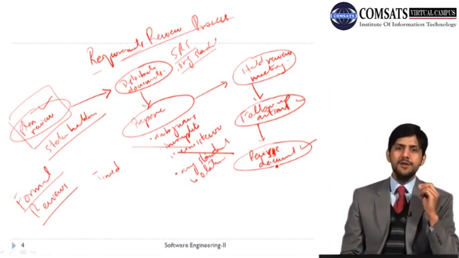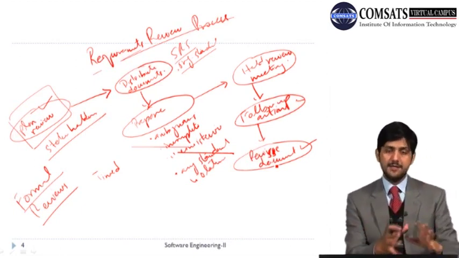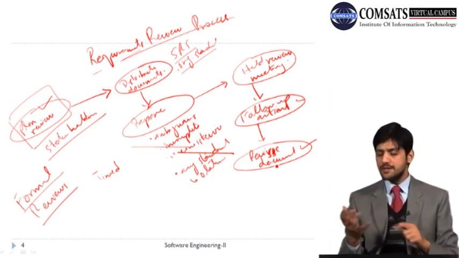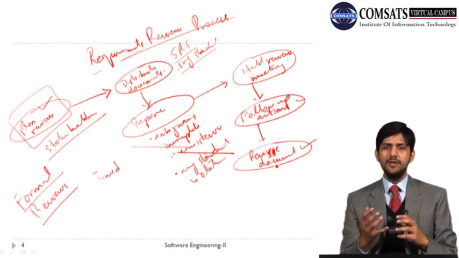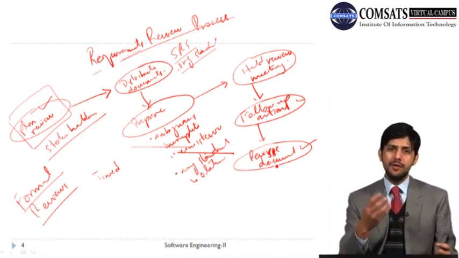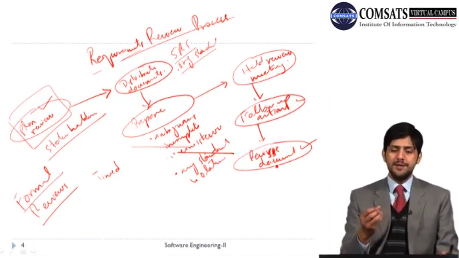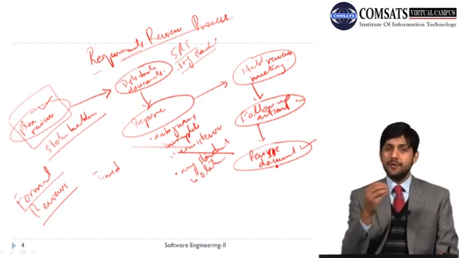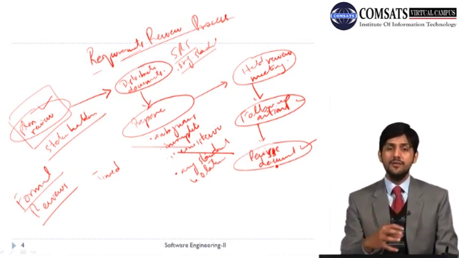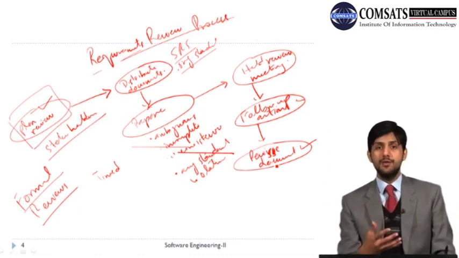But one thing we mentioned as a part of this formal review is that because they are timed, you take a lot of time of all these people who would be part of this review team. We ask them to be present for a certain amount of time, and a lot of time is taken to actually prepare for this review meeting.